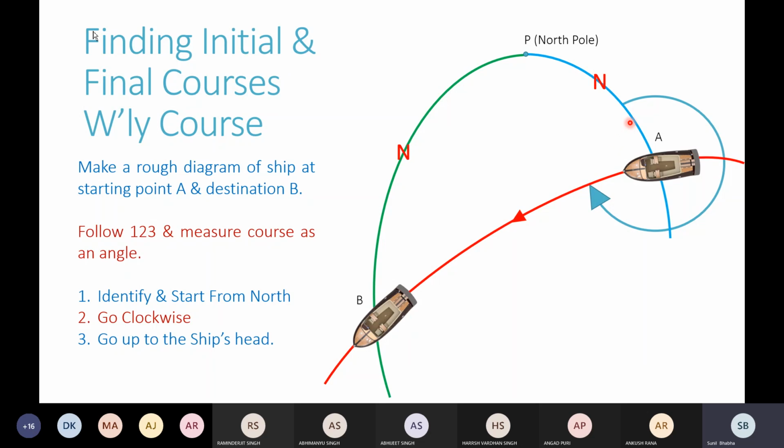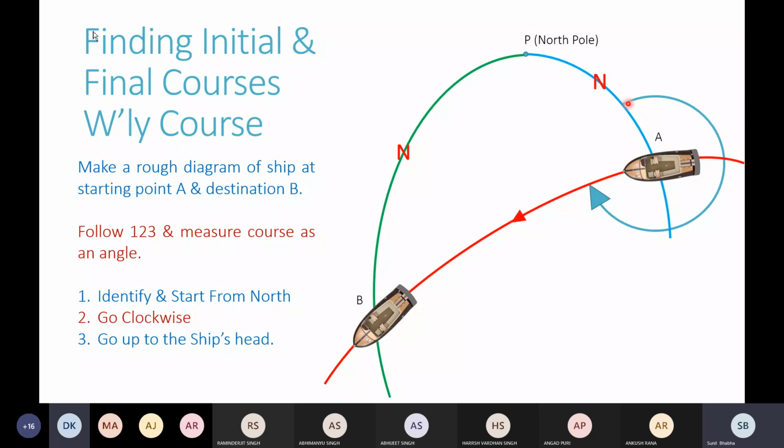Now, from the cosine formula, we are able to find out the internal angle of this triangle, that is this angle A. But for the initial course, the angle which we need to find is this complete outer angle. So how do we find this outer angle from here?